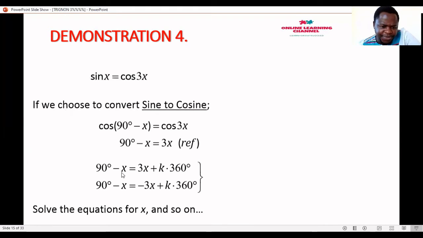So now 90 minus x is equal to 3x plus k multiplied by 360. And then you solve. Or, because it's cos, you've got negative and positive. So it will be 90 minus x is equal to -3x plus k multiplied by 360, where k is an element of integer, and then you solve the equation. You solve for x and so on.